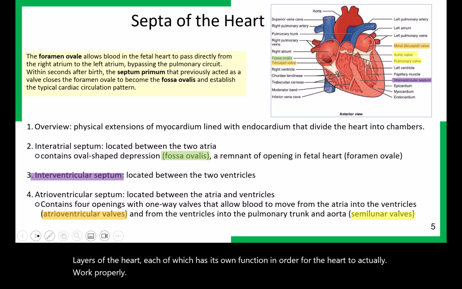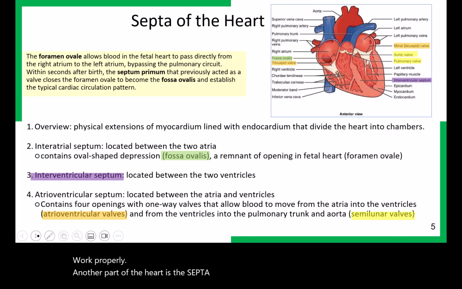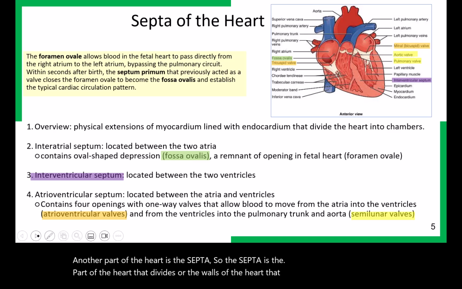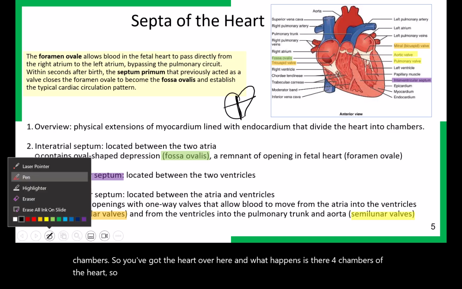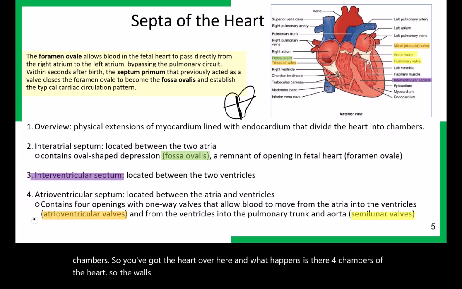Another part of the heart is the septa. The septa are the walls of the heart that divide the heart into chambers. So you've got the heart over here, and there are 4 chambers of the heart. The walls that divide the heart into the 4 chambers are called septa.